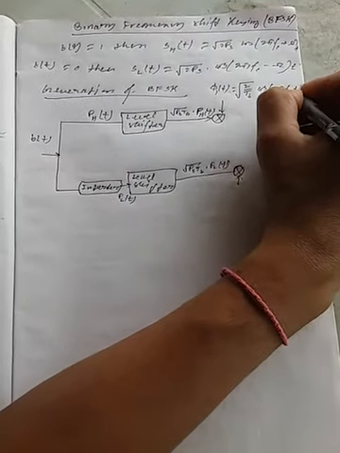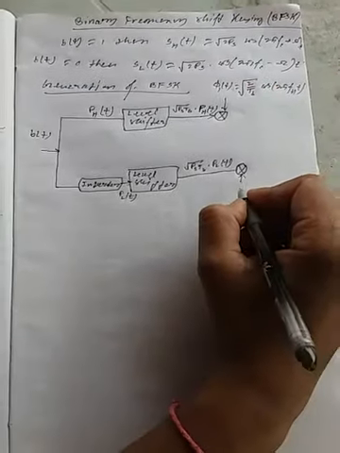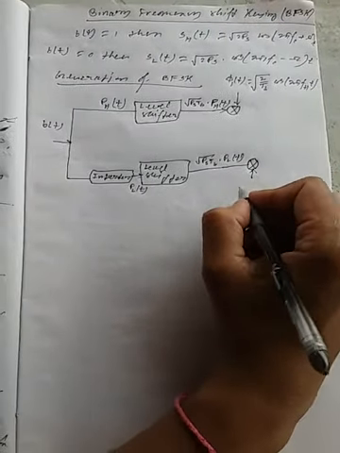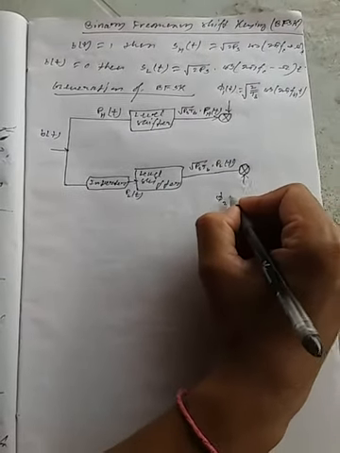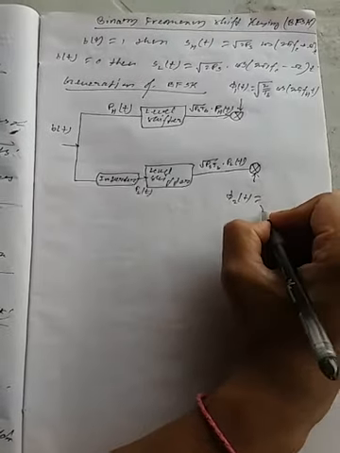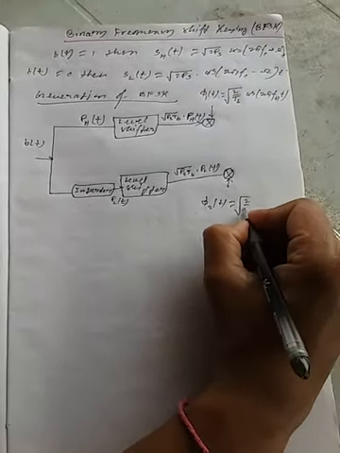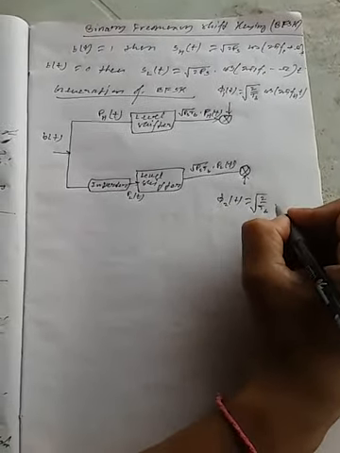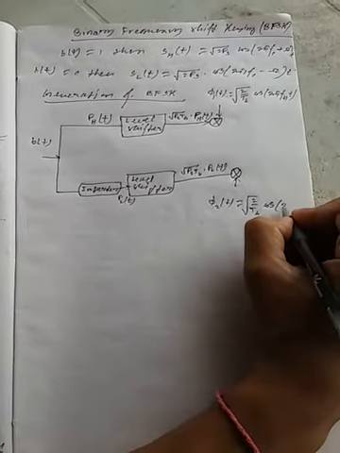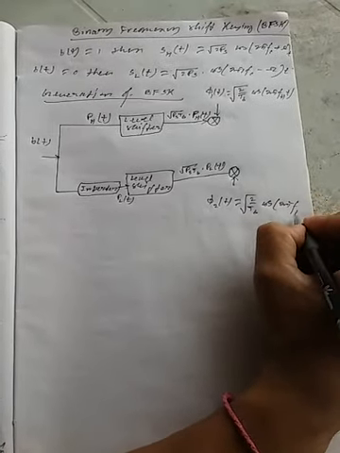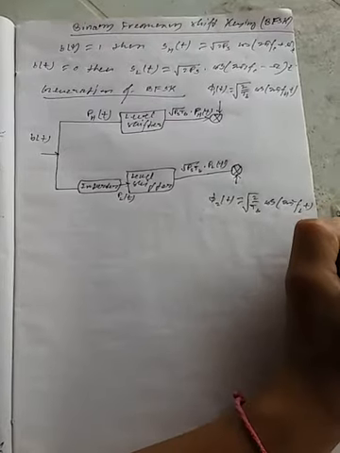This is the high frequency fH. For this other mixer, the carrier signal will be phi 2(t) equal to root over 2 by Tb cos 2 pi fL t.